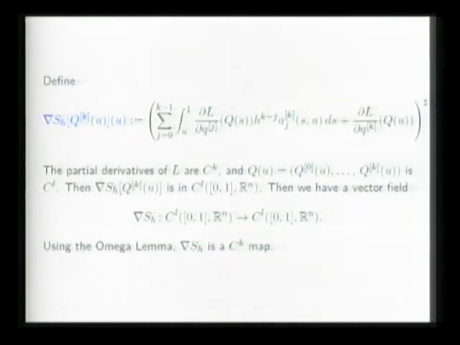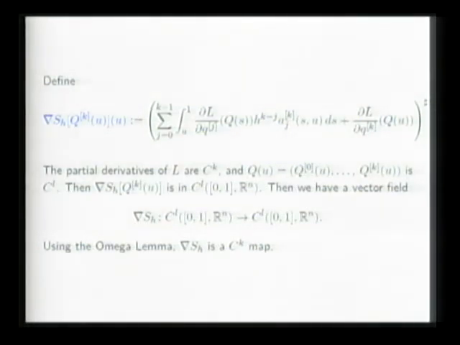Is it possible that, since the L was C^(k+1), the partial derivatives are C^k? Q is as good as this final component, so it is C^l. So this expression here, which has a partial derivative of L and Q, is in C^l.